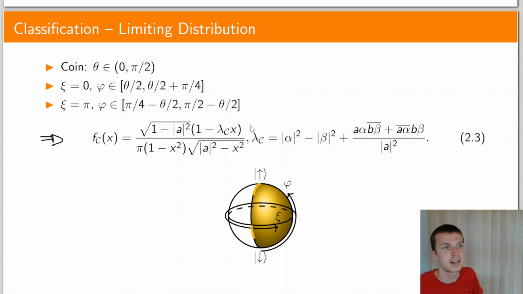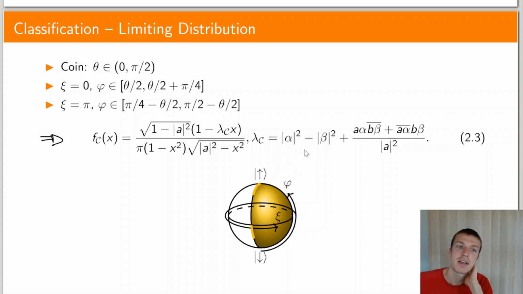And we find that if we again take the coin parameter in our range and exclude the trivial walk and the Hadamard walk, then we get all possible limiting distributions by choosing either those ranges for the azimuthal angle and 0 for the polar angle, or pi for the polar angle and this range.